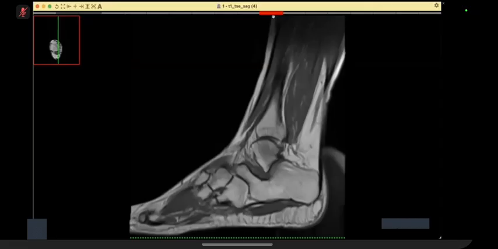So this is talonavicular coalition. Now, a few points to remember. Coalitions in the foot are an extremely important exam scenario.